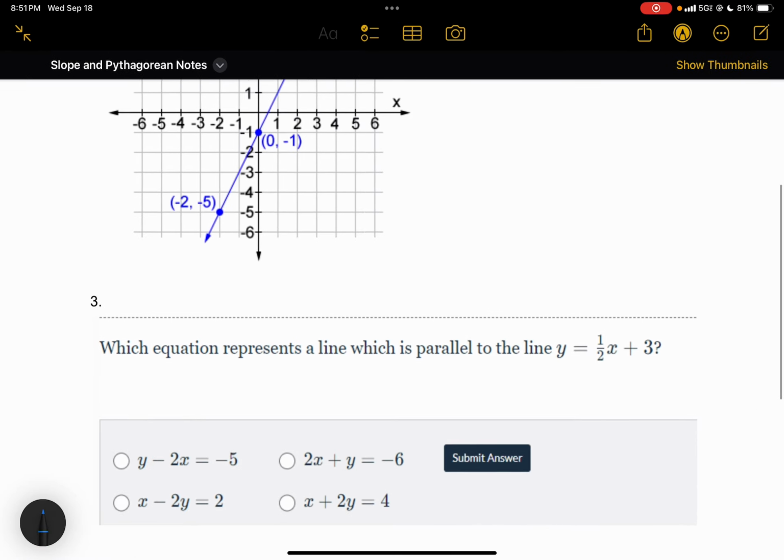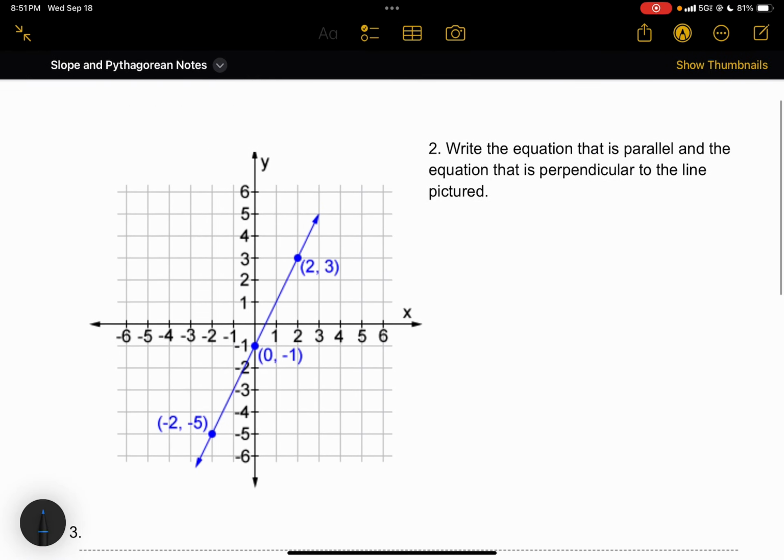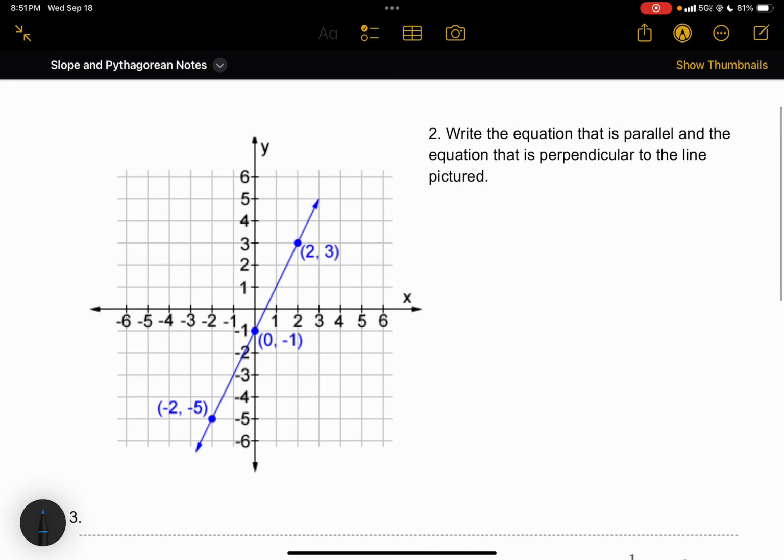All right, page 2. It says write the equation of a parallel and the equation of a perpendicular line. All right, so I'm going to use this point here and this point here as my points to find slope, right? So m is equal to y2 minus y1 over x2 minus x1. I have to have my slope in order to find those.